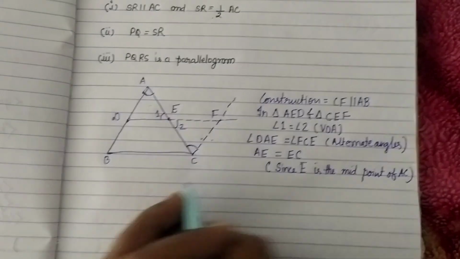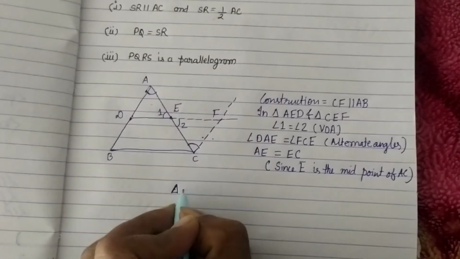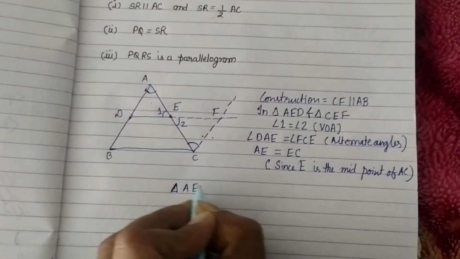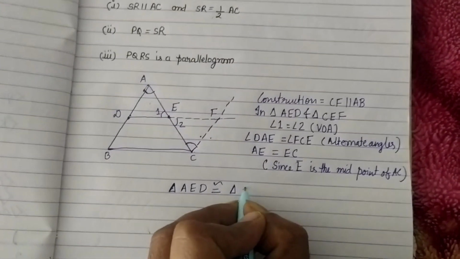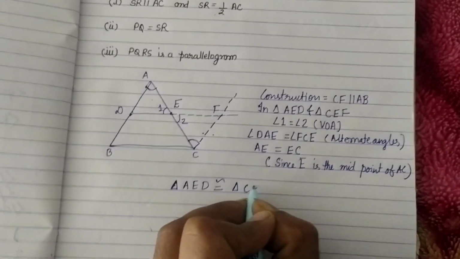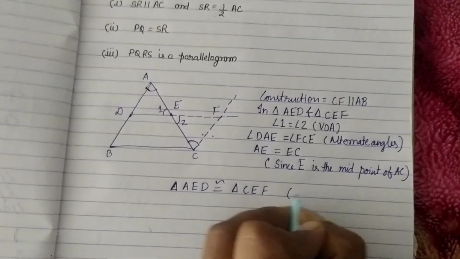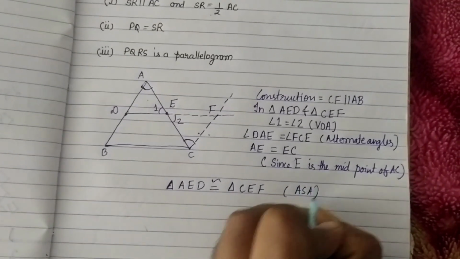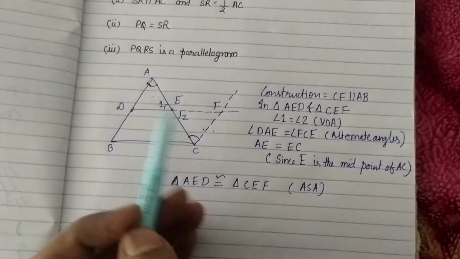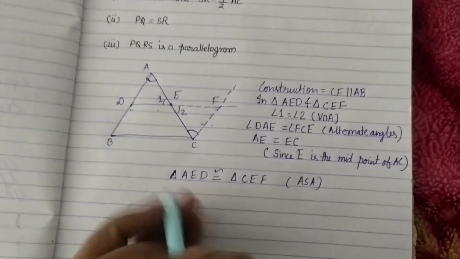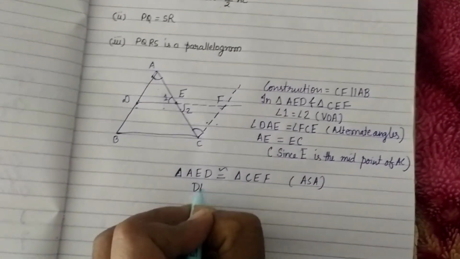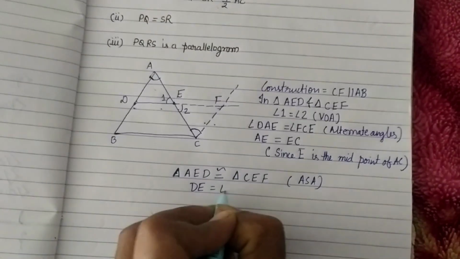So our triangle AED will be congruent to triangle CEF by angle side angle. So what can you write? You can write DE is equal to EF.